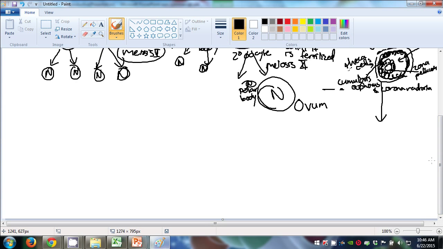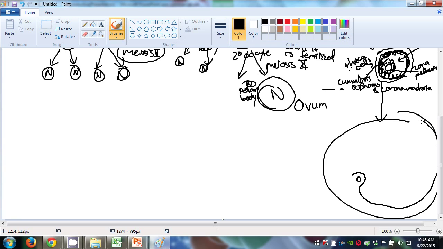It's starting to develop, but you don't see it until you have what we have here. Something like that. So here now, what kind of follicle do we have? The mature or pre-ovulatory follicle.